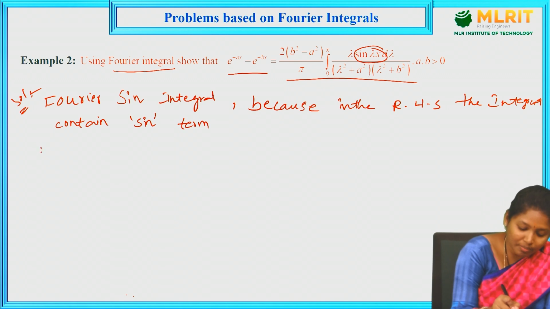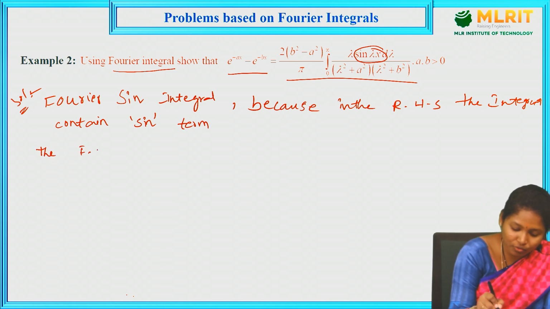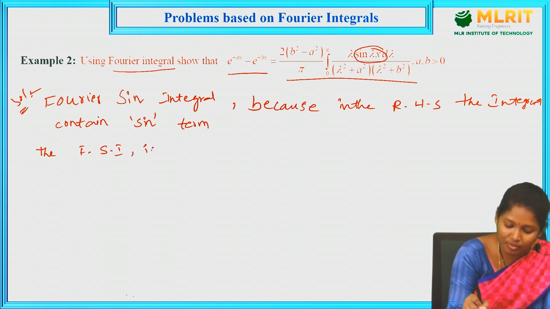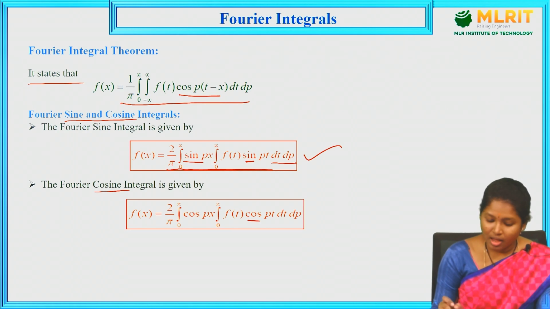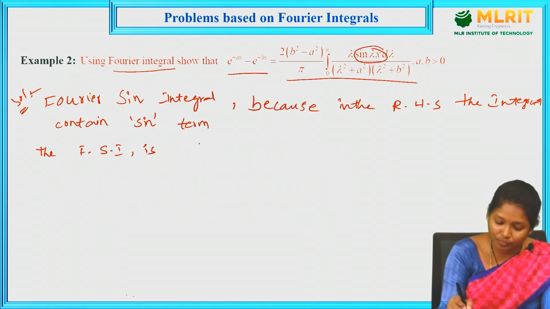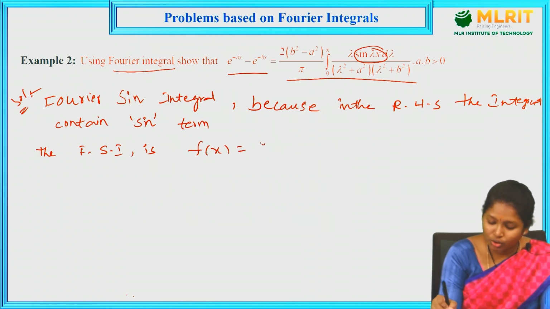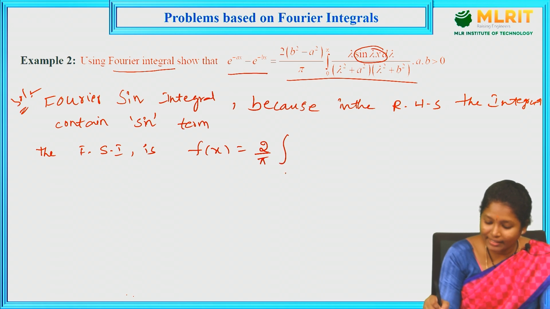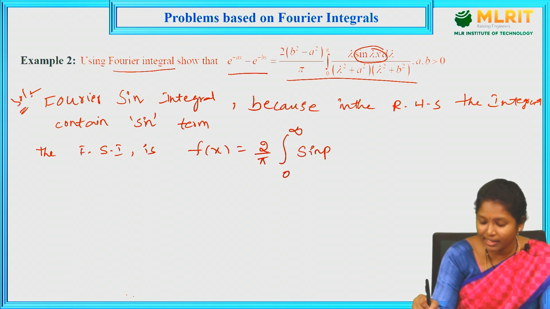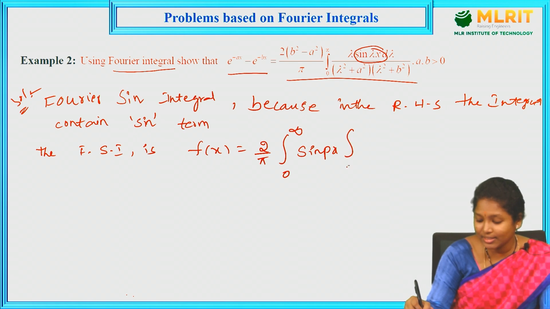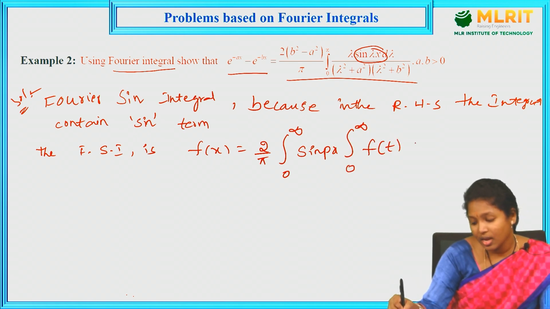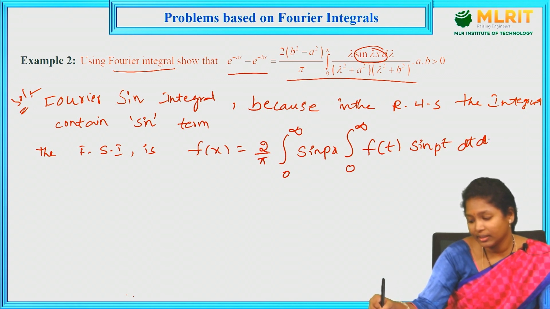What is the formula for the Fourier sine integral? f of x equals 2 by pi integral 0 to infinity sine px integral 0 to infinity f of t sine pt dt dp.